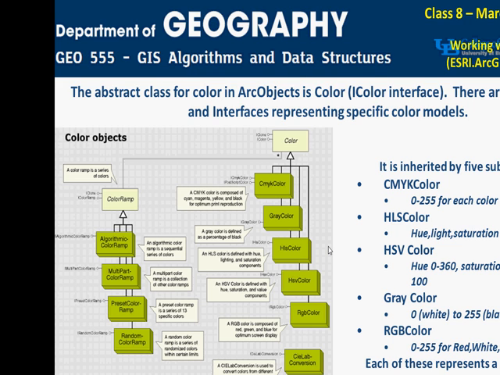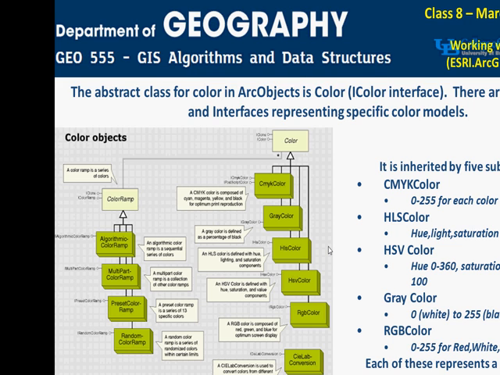We will use RGB. It'd be cool if I had a red, green, and blue marker. But RGB stands for red, green, and blue. Those are the three primary additive colors, and each goes from 0 to 255.